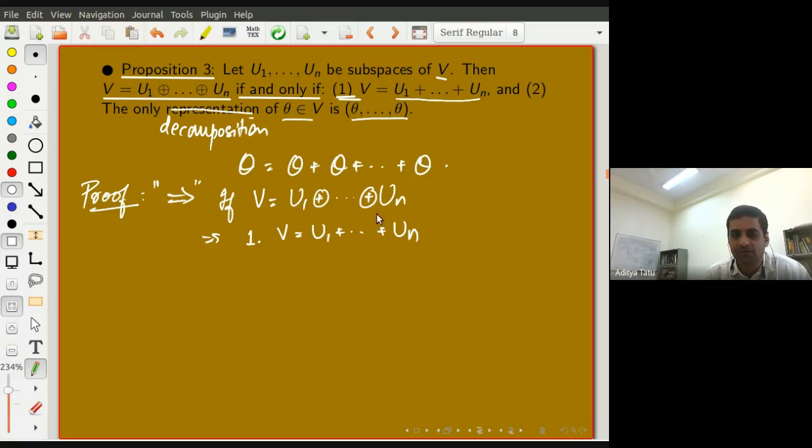This is by definition again, because remember, we have to prove that if this is the case, then 1 and 2 are true. So the definition of this assumption itself implies the first condition.